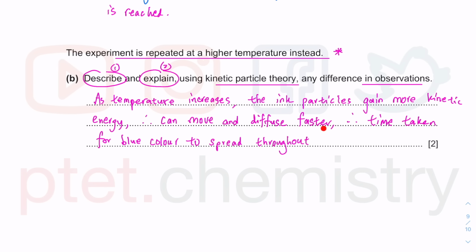If the rate is faster, the time taken for the diffusion will be much shorter than 20 hours. Okay, hopefully it makes sense there. I have described what will happen: the time taken will be shorter. Explain why: the rate of diffusion is faster because of what happens to the particles in terms of the kinetic energy, and therefore they diffuse at a faster rate.